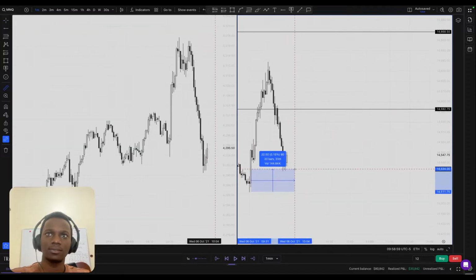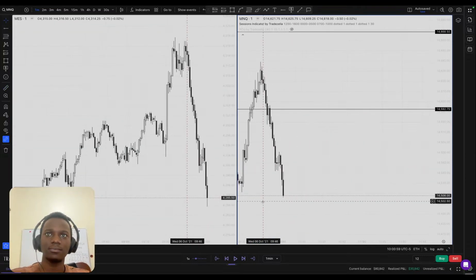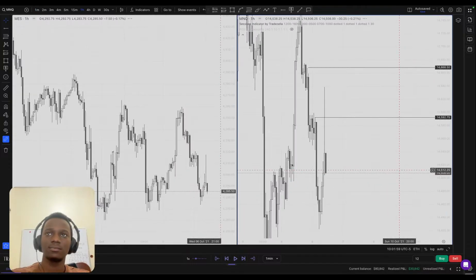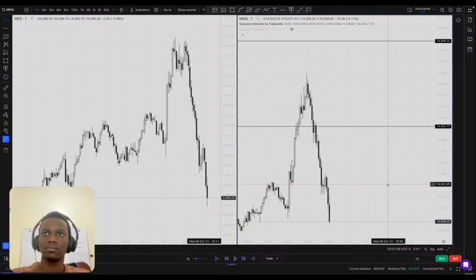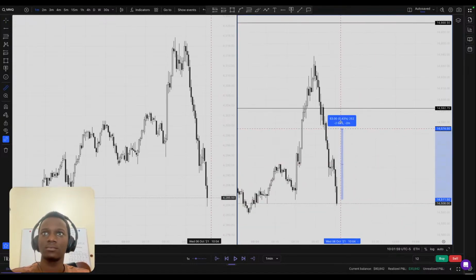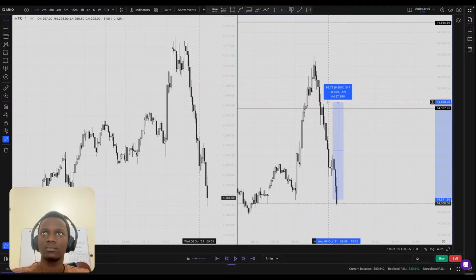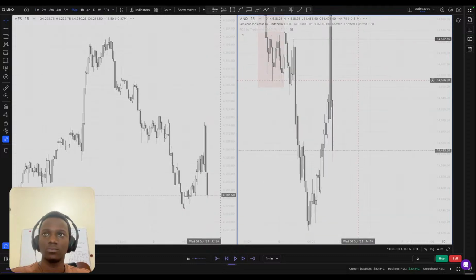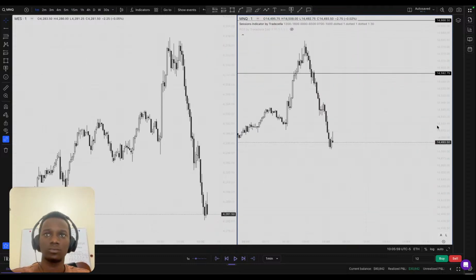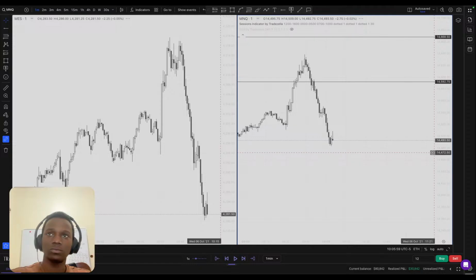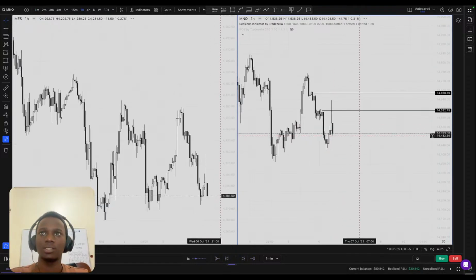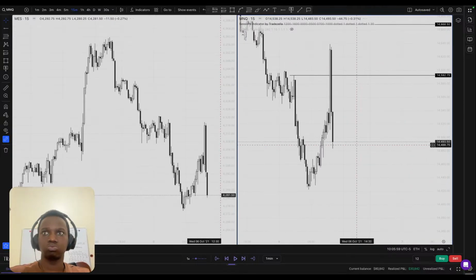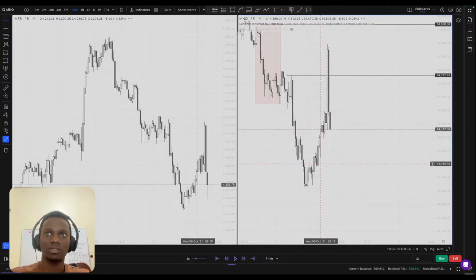I have an SMT right here. So a new 4 hour opened, and you can see it's already bearish. We have an SMT at this low here.